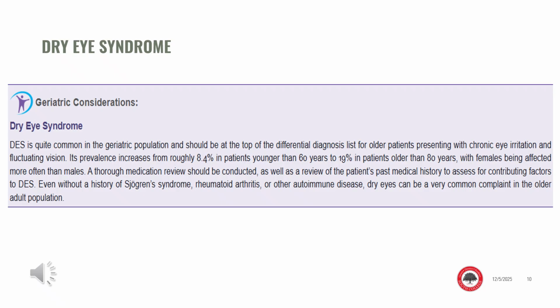However, untreated and severe dry eye syndrome may result in inflammation, erosion, and eventual keratinization of the cornea or conjunctiva, which may permanently affect their vision. So it's not to be taken lightly, but you can help them pretty quickly with wetting those eyes and treating the dry eye.